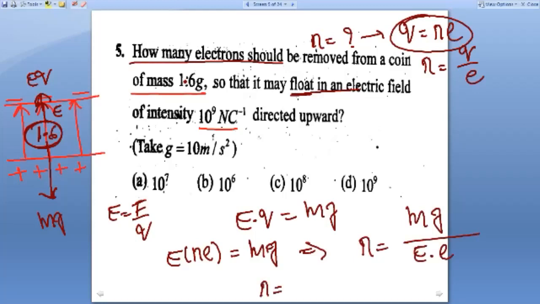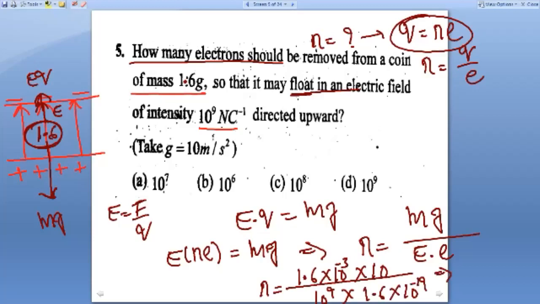N is equal to, m is 1.6 gram, convert into kg, 1.6 into 10 to the power of minus 3. g is 10, divided by E, the electric field, which is 10 to the power of 9, into the elementary charge value, 1.6 into 10 to the power of minus 19.